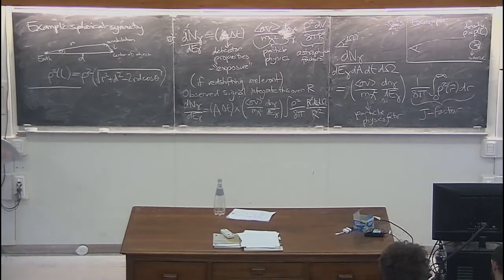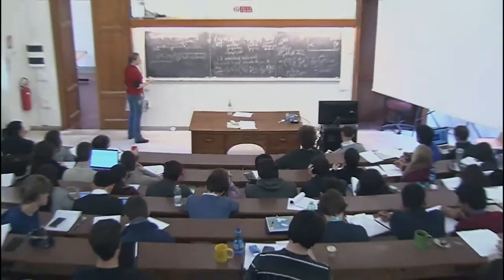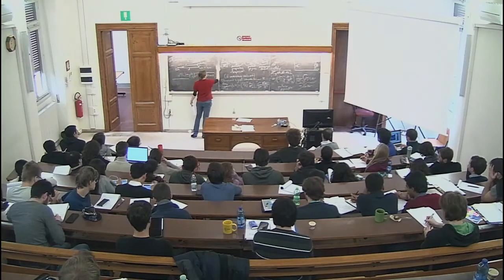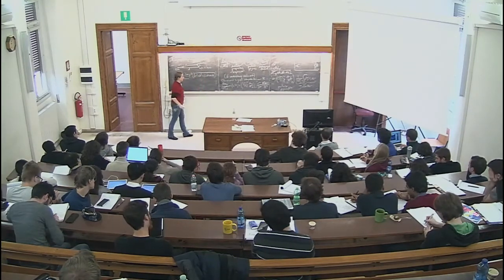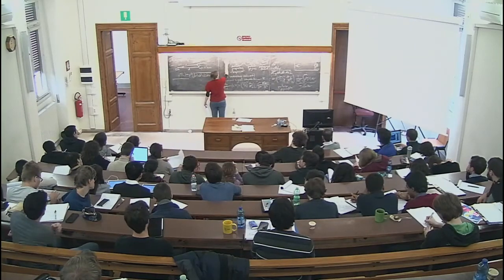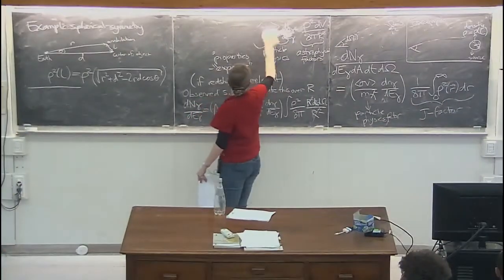I'll just mention that I've written this for annihilation, but another thing that you can look for in indirect detection that is really hard to look for in direct detection and terrestrial searches is decay of dark matter with a long lifetime.